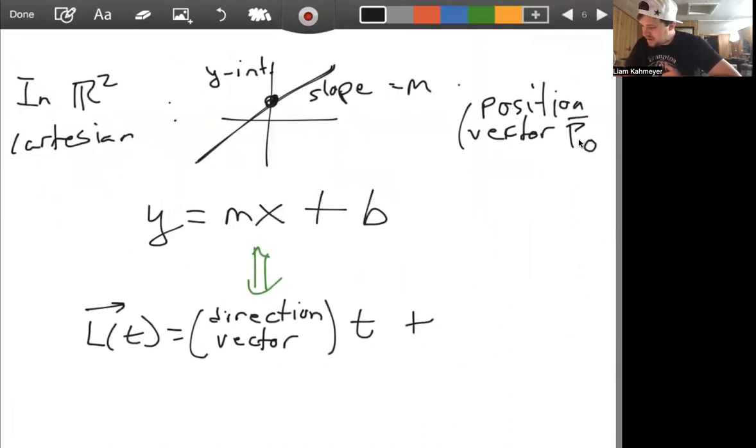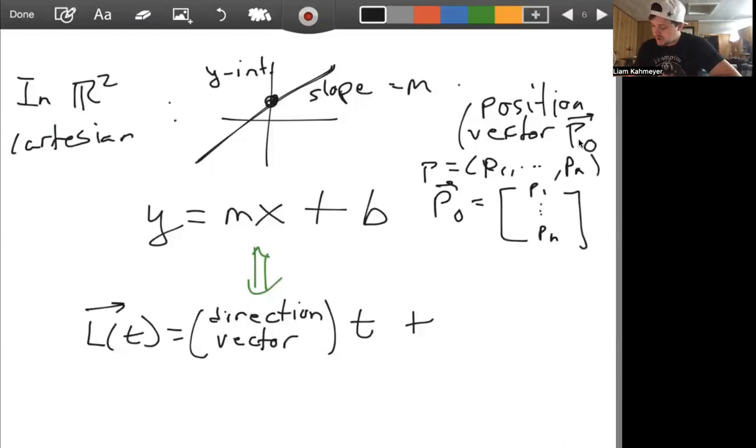Let's call it P naught, which means if P is P1 through Pn, then the position vector P naught is the vector P1 through Pn. And this is really kind of our starting point.